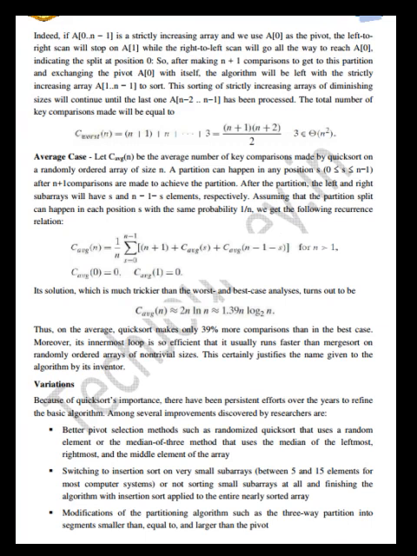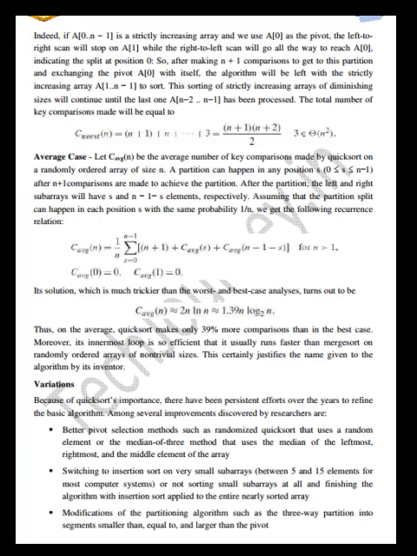This sorting of strictly increasing arrays of diminishing sizes will continue until the last one, A[n-2..n-1], has been processed. The total number of key comparisons made will be equal to, see the equation.